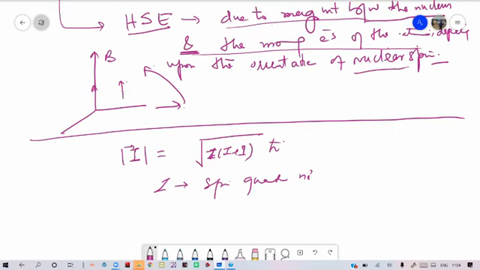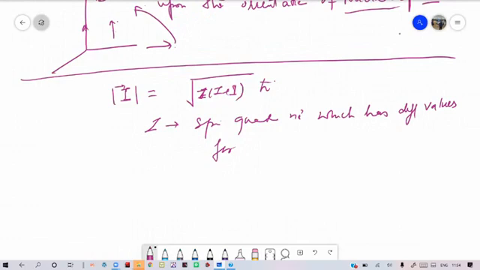This I is a spin quantum number which has different values for nuclei of odd mass number. You all know this from the nuclear shell model and all that.